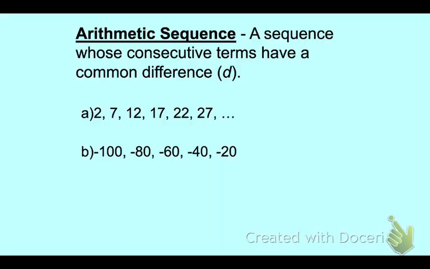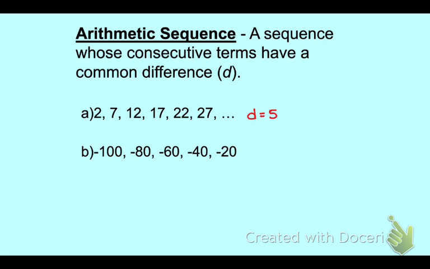An arithmetic sequence is one where consecutive terms have a common difference, addition or subtraction. So 2, 7, 12, 17, 22, 27. What is your common difference? 5. So d is 5. Okay, negative 100, negative 80, negative 60, negative 40, negative 20.